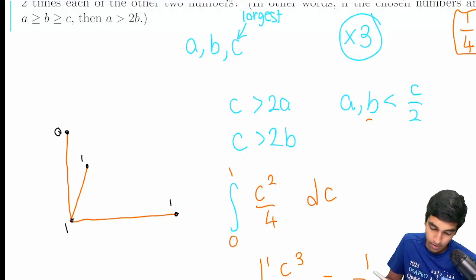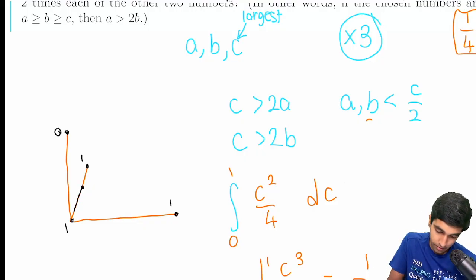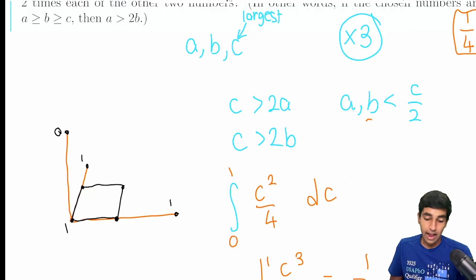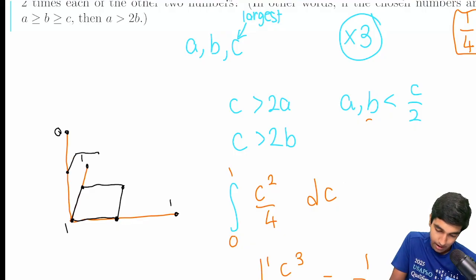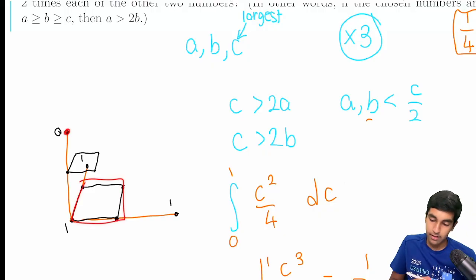That means we have a region like that. And then, let's say C was instead 1/2. Now A and B have to be less than 1/4. So we have something like this instead, like the bottom face, except scaled down. And let's say C was 0.